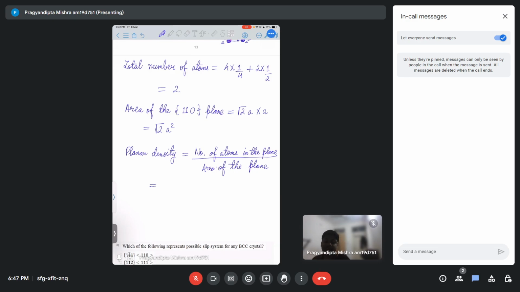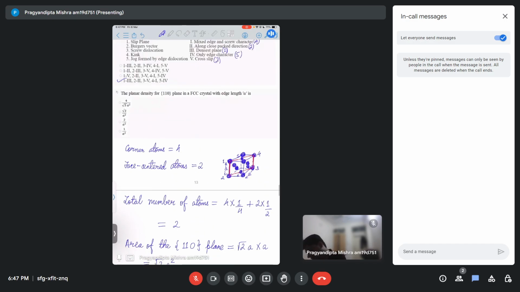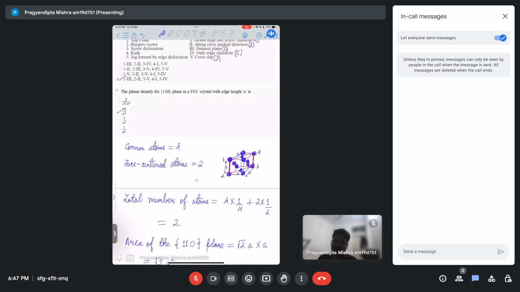So that is equal to 2 divided by root 2 A square, or root 2 divided by A square. Okay. So which option is correct? B. Okay. Next question.